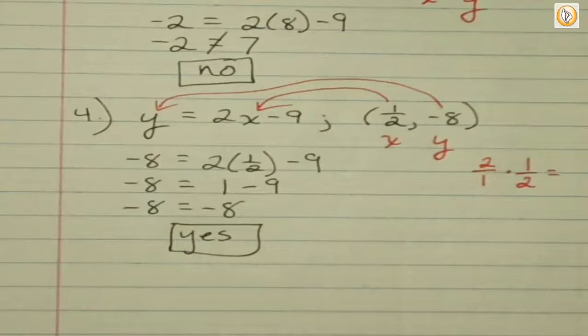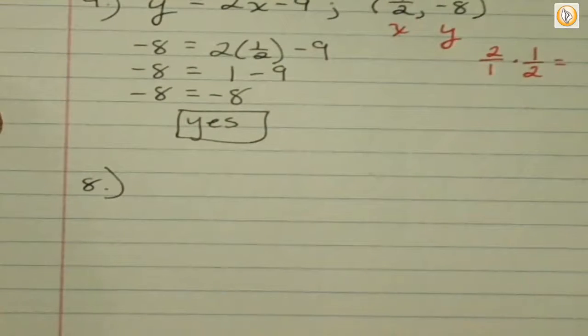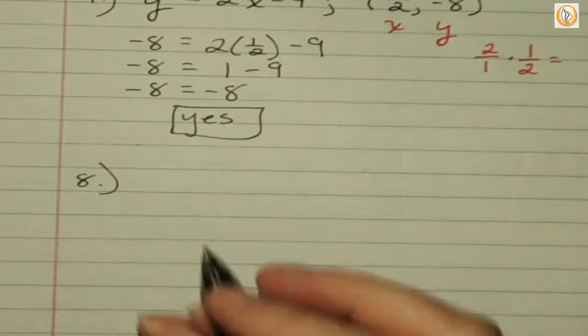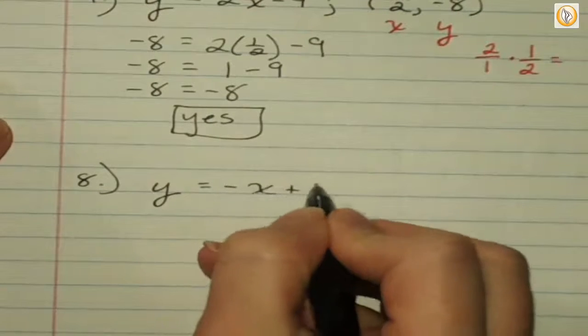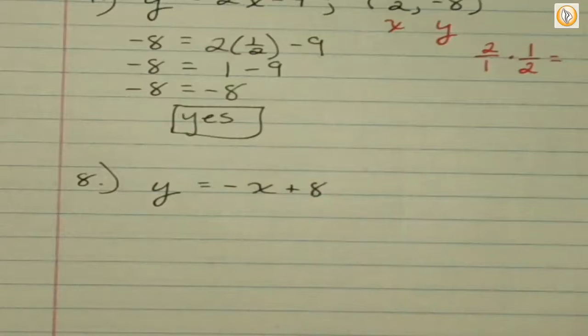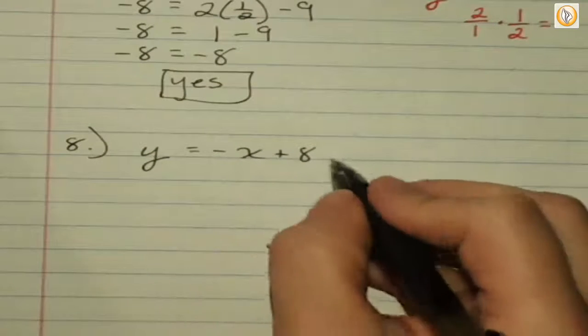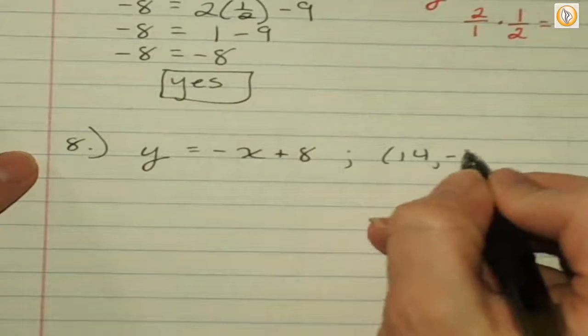So let's look at number 8. The directions say the same thing as we did before, but this time they give us the equation y equals -x plus 8. I want to do this one because number 8 has the ordered pair of 14 and -6.